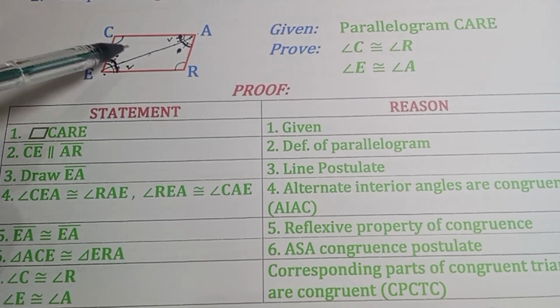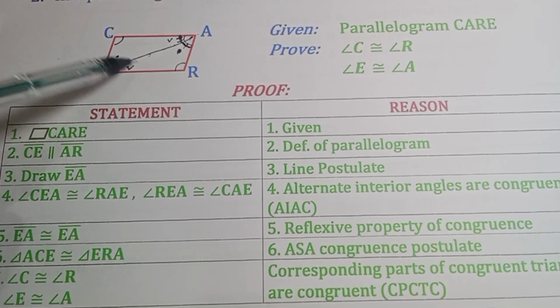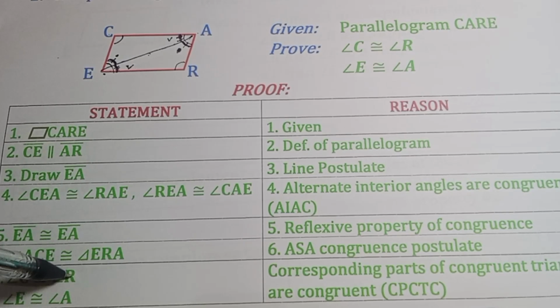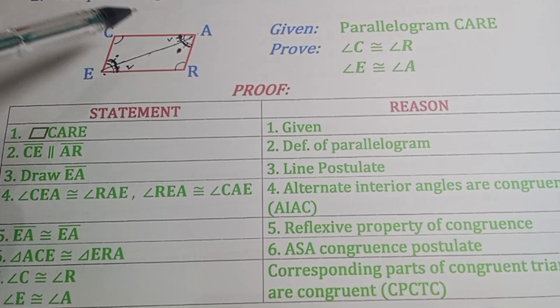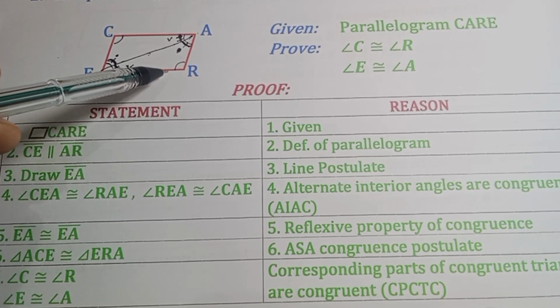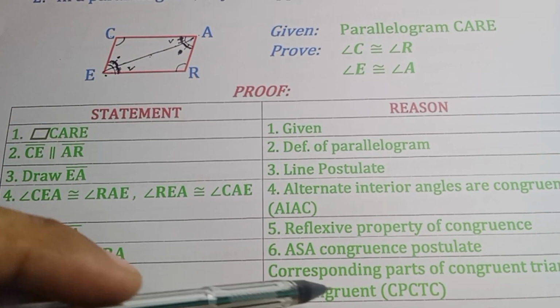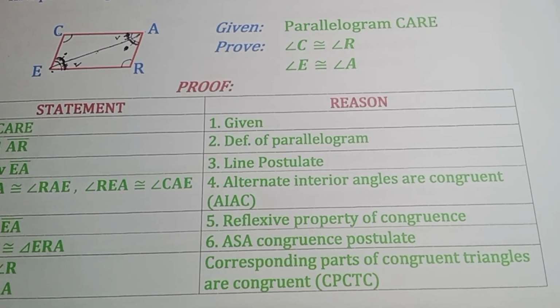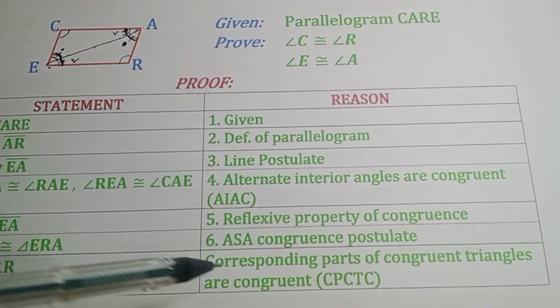Since these two triangles are congruent, we can say that angle C is congruent to angle R. That is by CPCTC. Corresponding parts of congruent triangles are congruent.